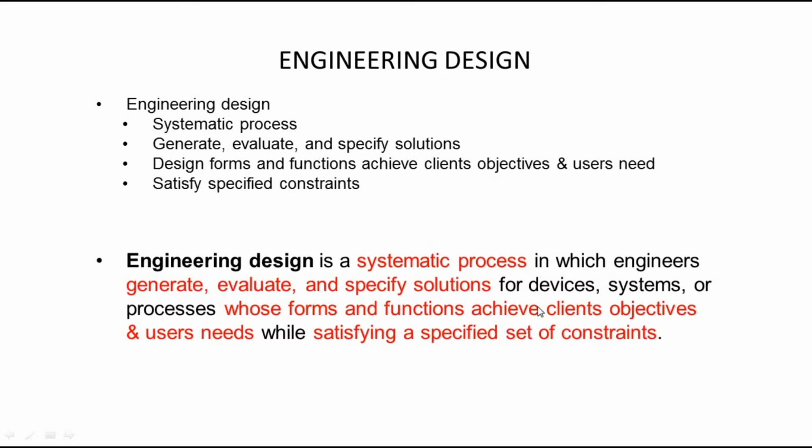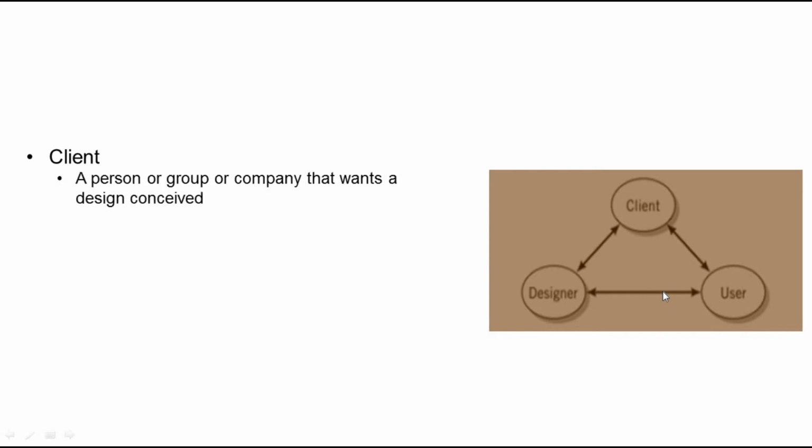So here there are three important persons: designer, client and user. Designer, client and user is a triangular relation occurring in a design. In every design there will be a client, a designer and a user. So who is a client? A client is a person or a group or a company that wants to make this design implemented.